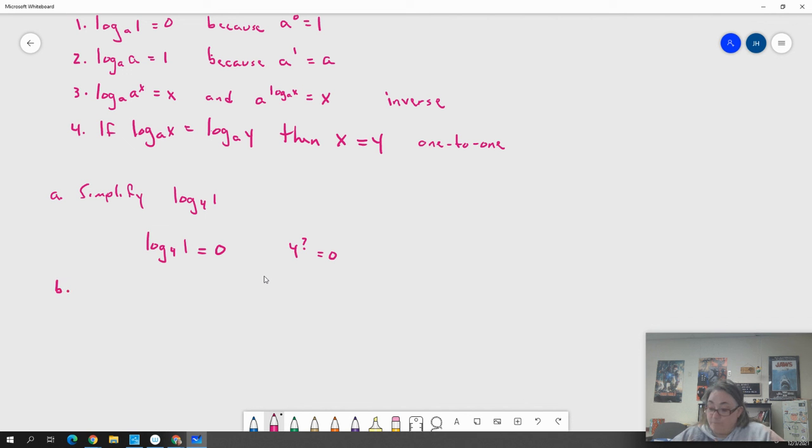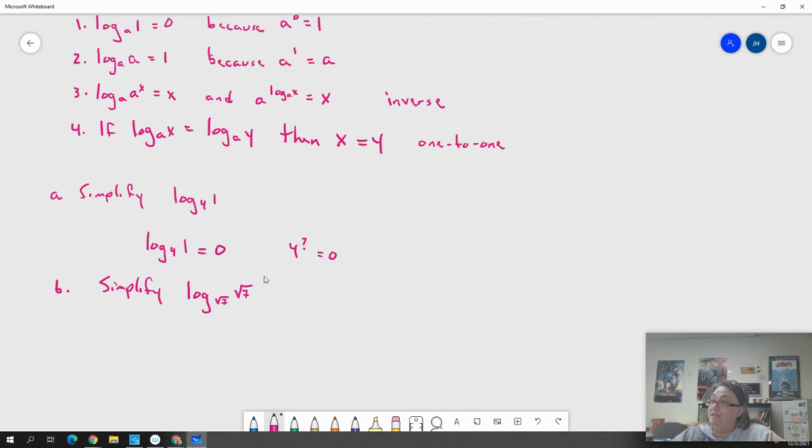Let's try simplify. Here's a good one. Log base radical 7 of radical 7. Right? Well, look at this.